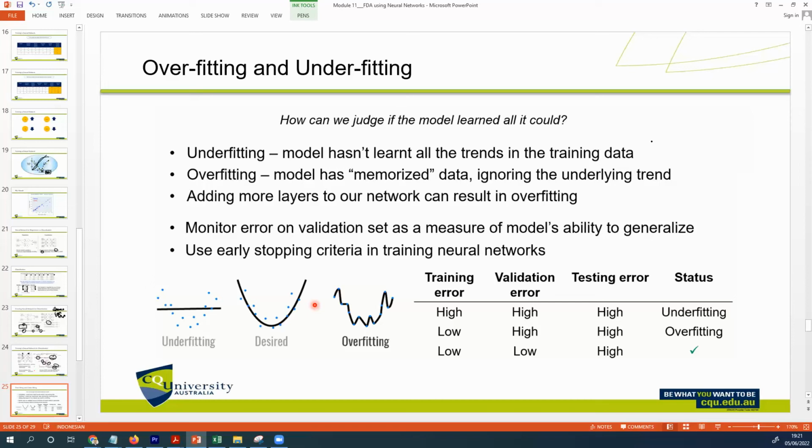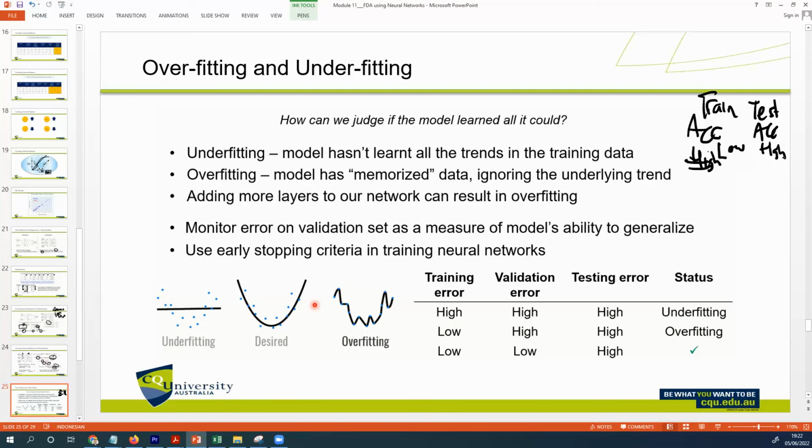When the training accuracy is low and the testing accuracy is high, it is underfitting.